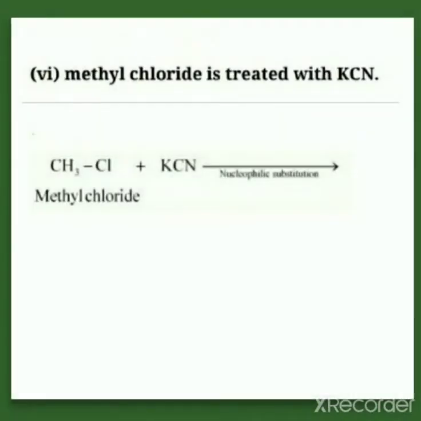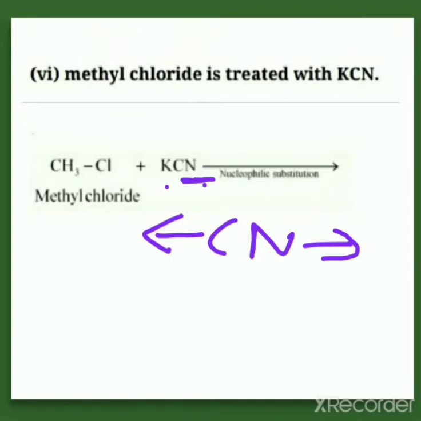CH3Cl, that is methyl chloride, plus KCN. As I told you, CN is which type of nucleophile? It is an ambident nucleophile. That means it can bind either through carbon or through nitrogen. In the case of KCN, the product will be cyanide, but in the case of AgCN, the product is isocyanide.